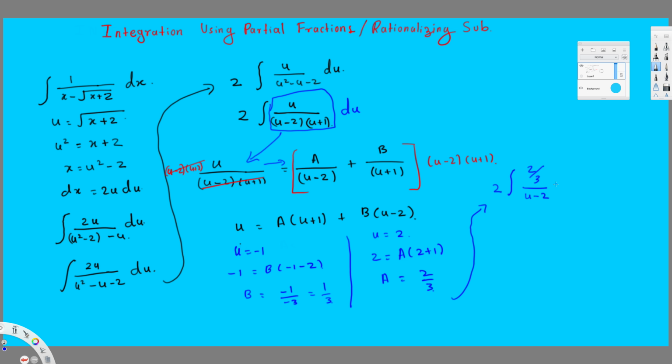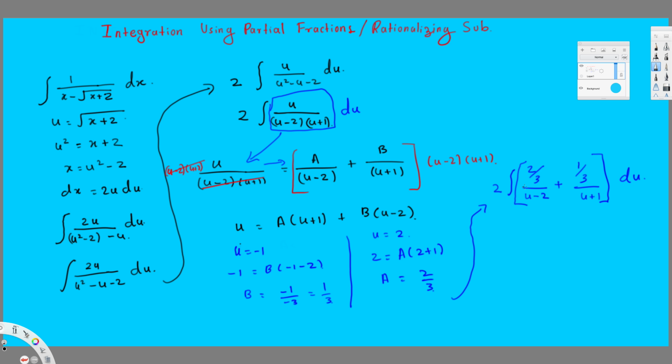Then we had plus B is equal to 1 over 3 over (u plus 1), right? Also we have a du right here. Let's see what we can do.